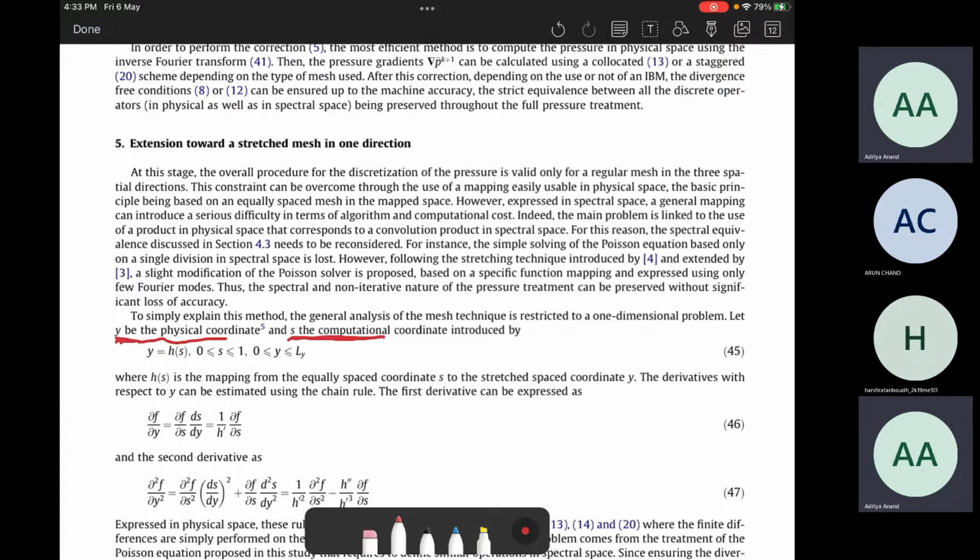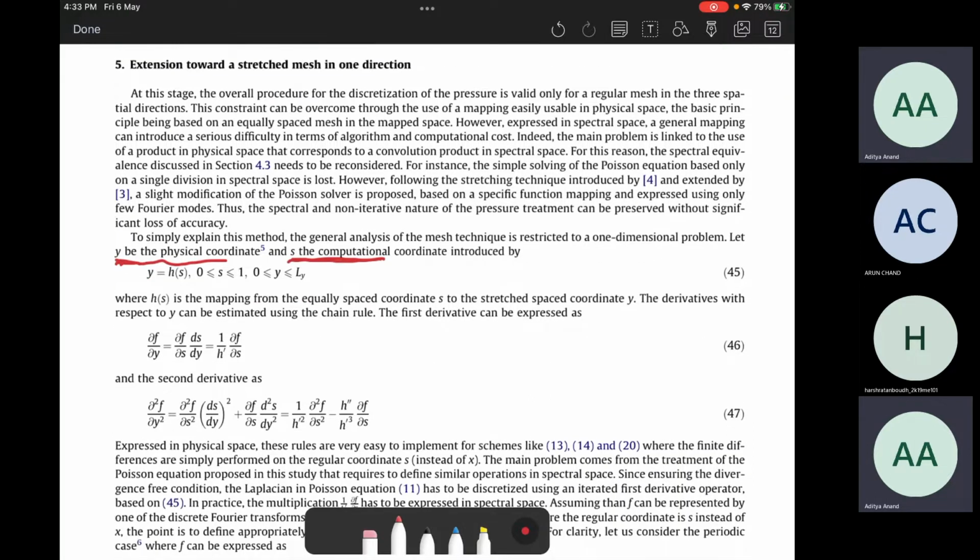There has to be some transformation applied, and your gradients in Y have to be expressed in terms of S. So once this transformation is known, we solve the flow in the uniform computational coordinate, that is with S, and then we get the first and second derivatives in S, and use these expressions to get the first and second derivatives in the physical coordinate.